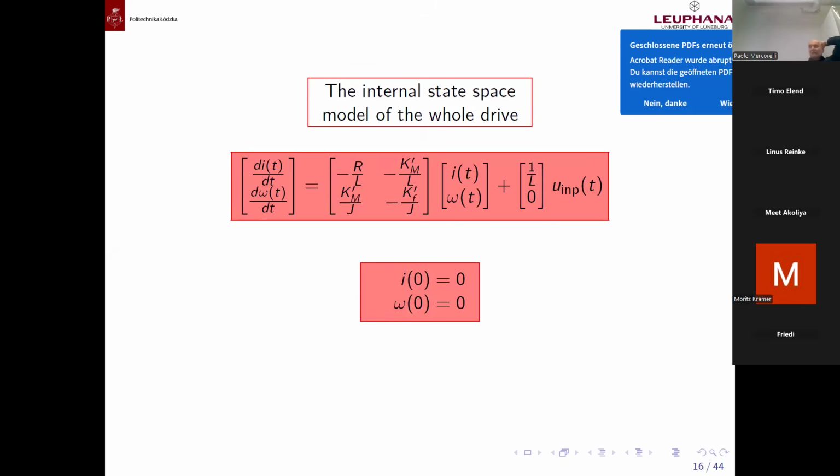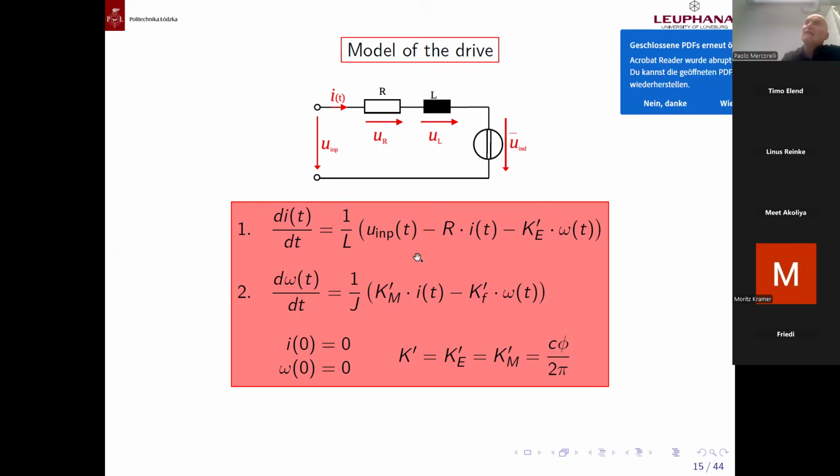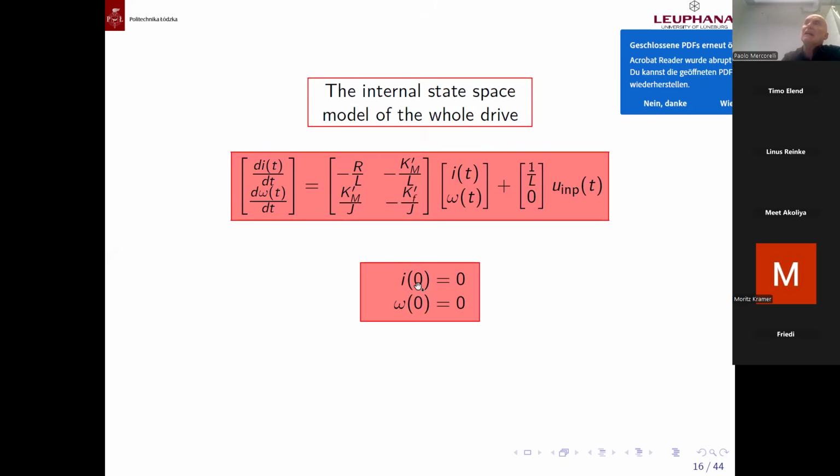We can see here. This means this information here can be written without losing any component of the information again, in this form here, matrix vector.